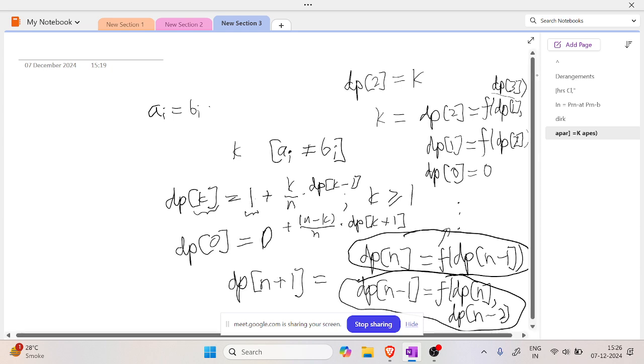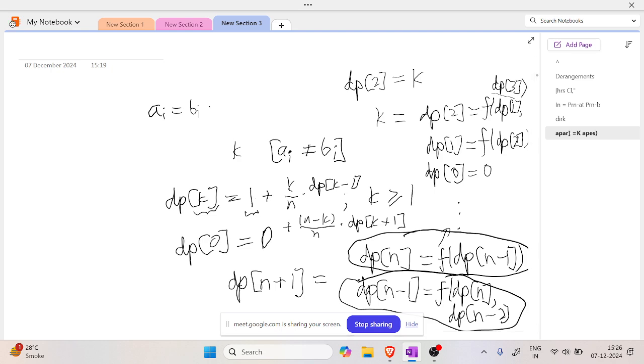So this is some linear function of k, this is some linear function of k. So both are linear functions of k, so you can solve for k from that, and then you can calculate all the values that you have found in terms of k, and in the end you can output the number of mismatches that you have.